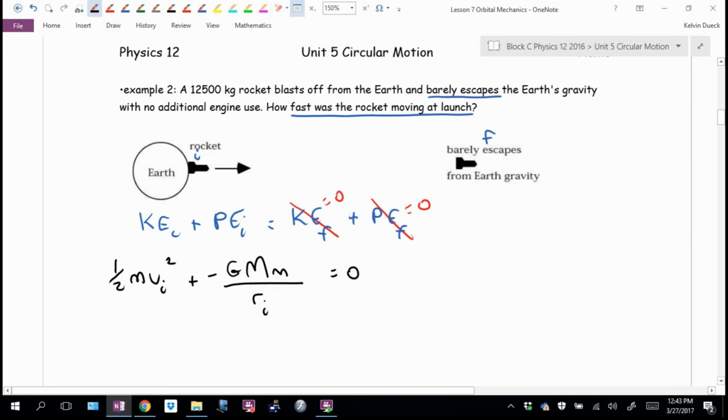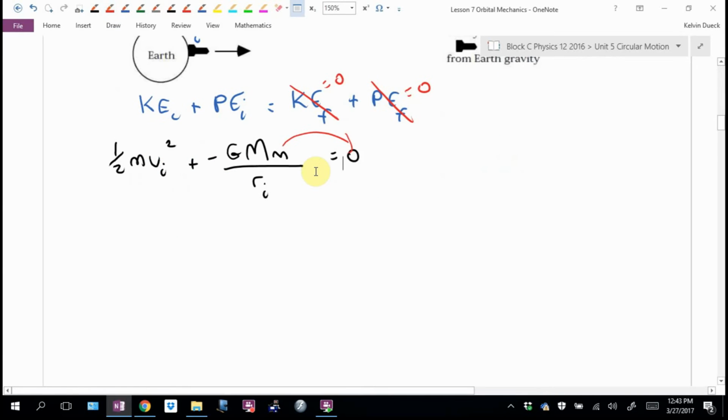That equals zero. If it's okay with you, I'm going to move this over. We'll get a half m v initial squared equals big G, big M, little m, all over R initial.